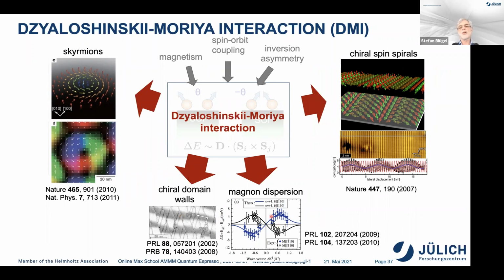It also changes the magnon dispersion. Basically, you have a non-reciprocity in the magnon dispersion. A right rotating magnon and a left rotating magnon have a different dispersion.